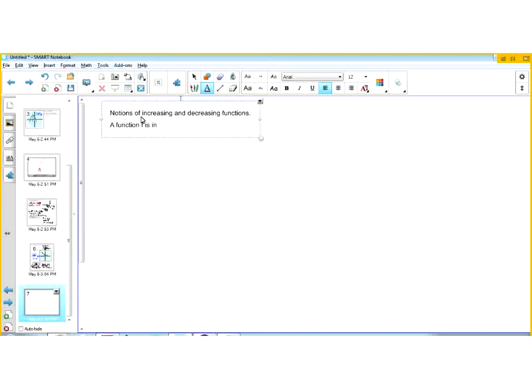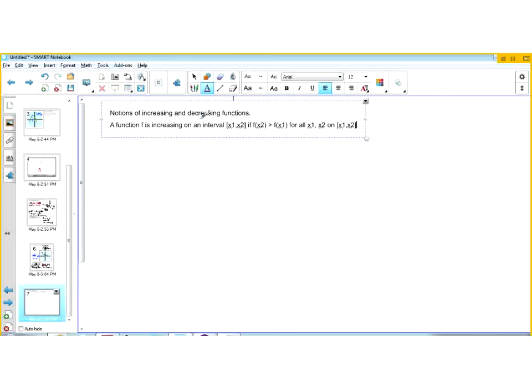A function f is increasing on an interval x1 to x2, okay, this is a closed interval, if f of x2 is greater than f of x1 for all x1, x2 on the closed interval.